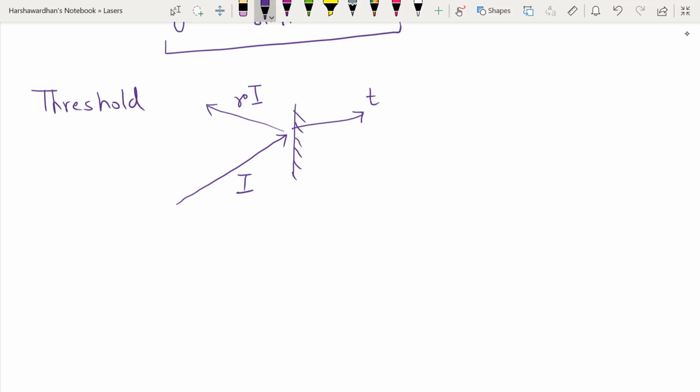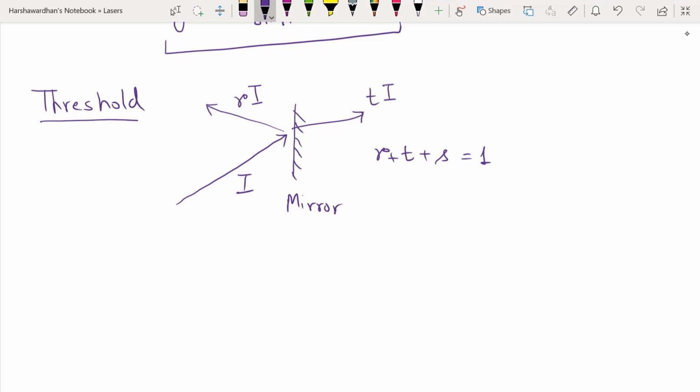intensity is T times I, and this mirror is not necessarily ideal in the sense that there might be a scattering loss associated with this mirror, in the sense that my energy conservation for the mirror is going to be R plus T plus S is 1.